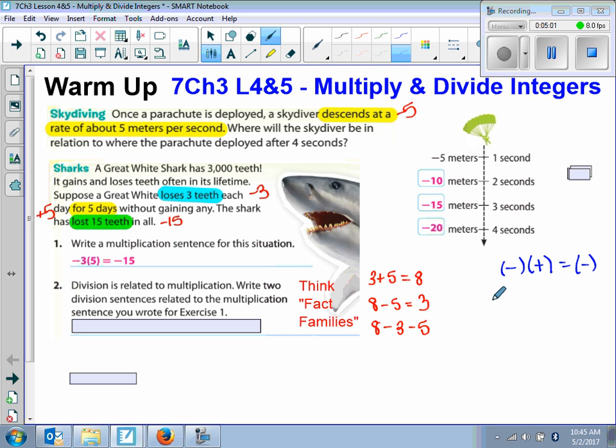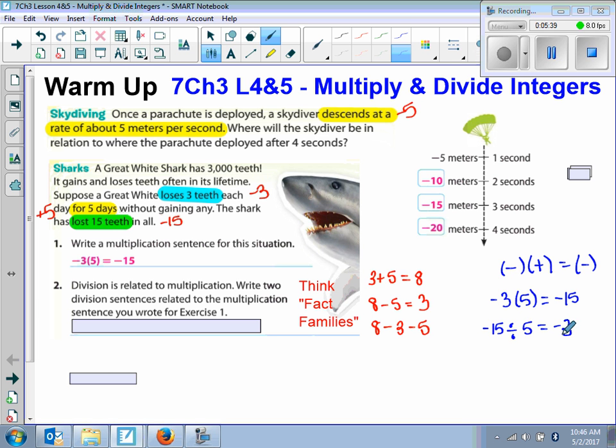So let's write this down. We've got negative 3 times 5. And of course, we figured it out, it's negative 15. Now, if I change this to a division problem, because we want to write division sentences that are related to that multiplication equation, we can say negative 15 divided by 5 is equal to 3. What kind of 3? Negative. Negative 3.